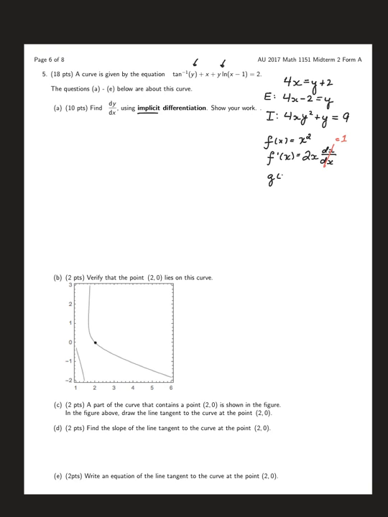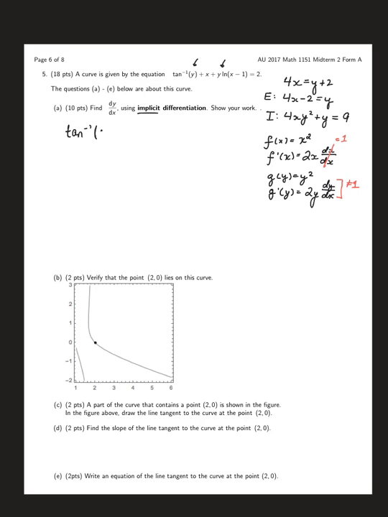Now if our function is in terms of y, our derivative would be 2y dy/dx. Here, our ratio is not equal to 1, therefore it doesn't cancel out. So we can't forget about it. So we're going to go ahead and take this derivative piece by piece.